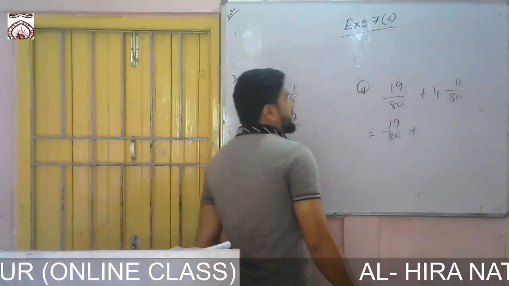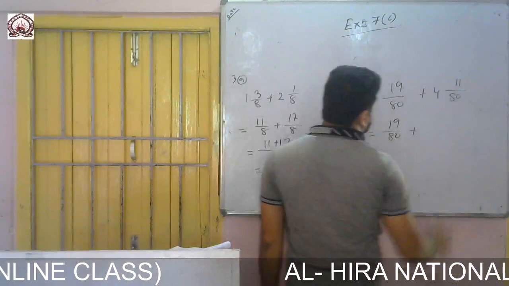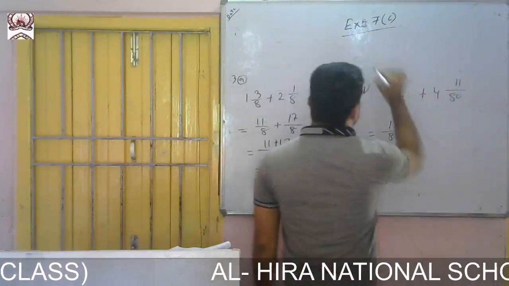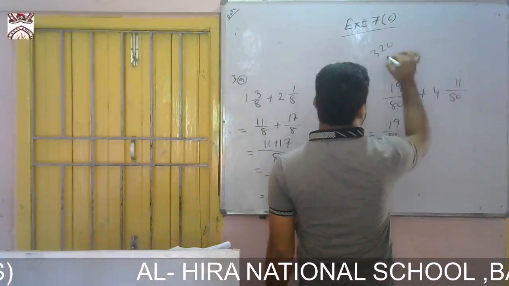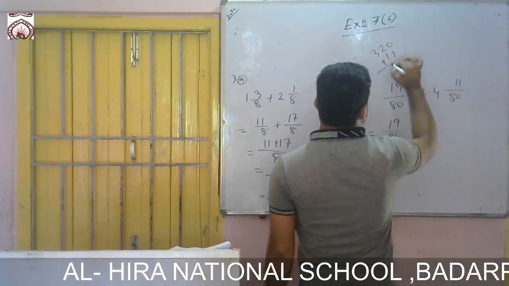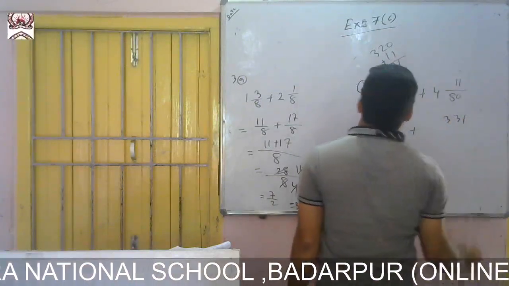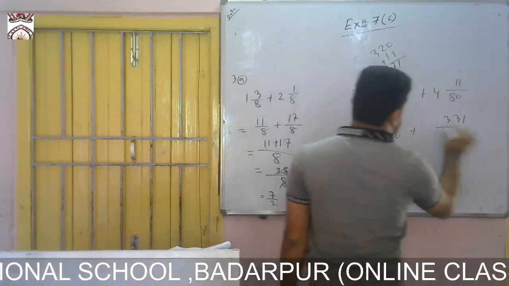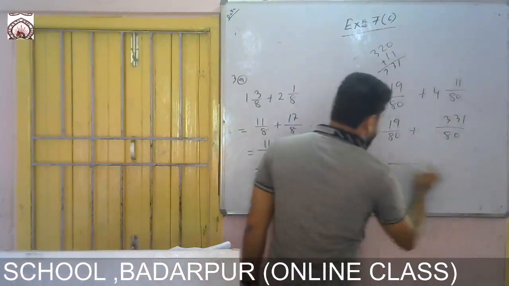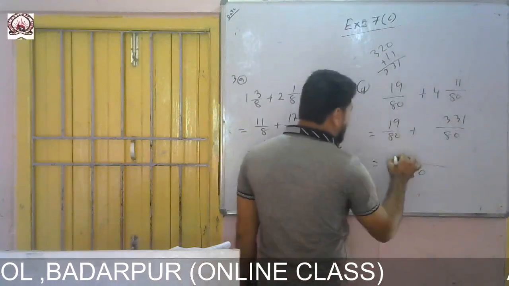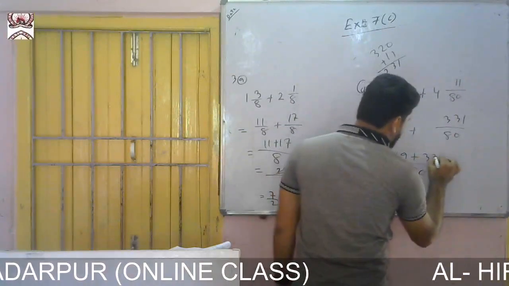If you break, then 4 8s are 32. So 320 plus 11, it will be 331. 331 by 80. Since the denominators are same, you can directly add the numerator.